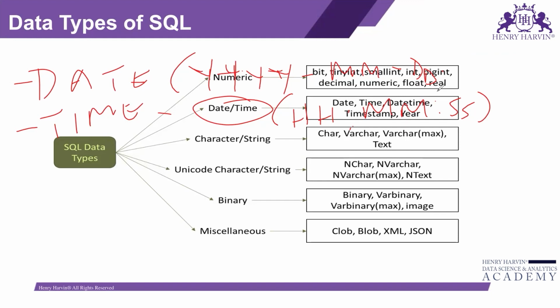Then we also have date time. This was date, this is time, but we also have what we refer to as date time, which sometimes is called timestamp.